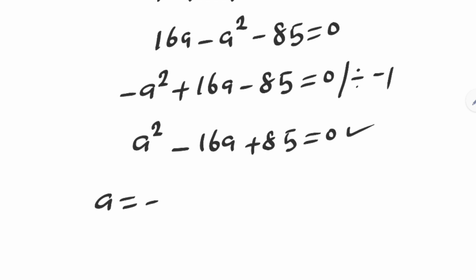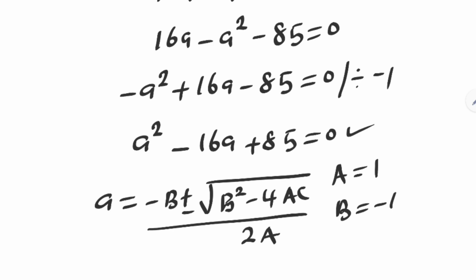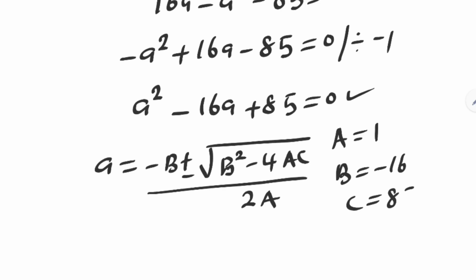A is equal to minus B plus or minus square root of B square minus 4AC over 2A. And from this equation, A is equal to 1, B is equal to minus 16, C is equal to 85.